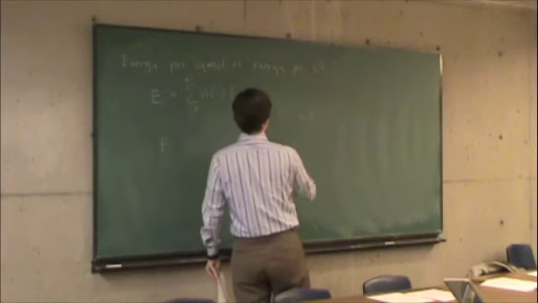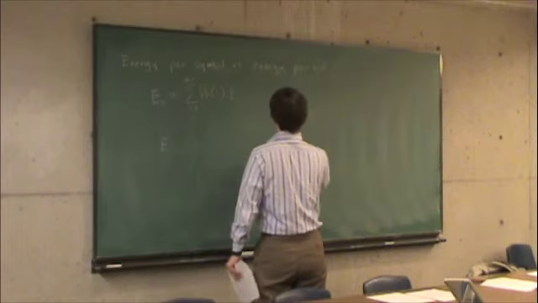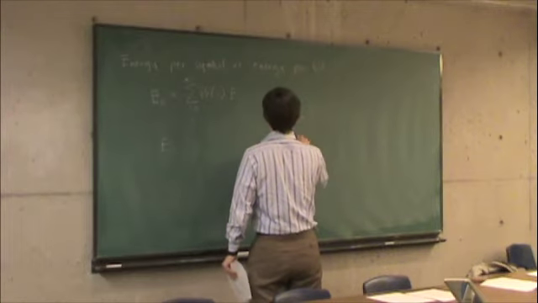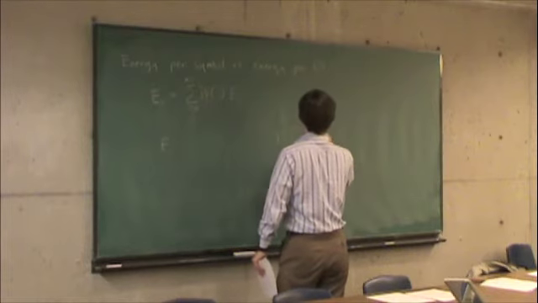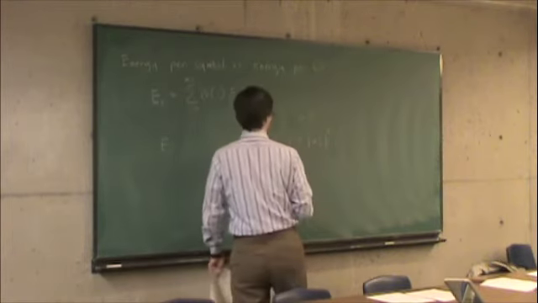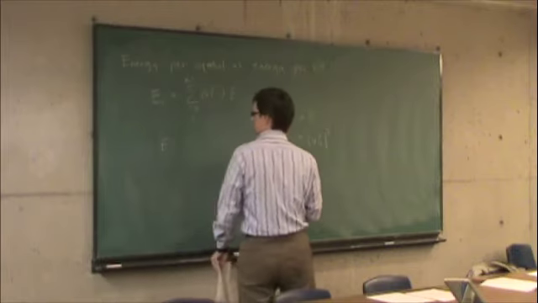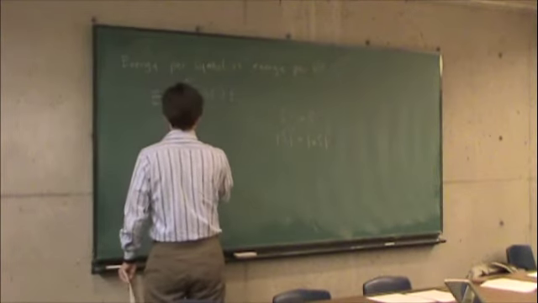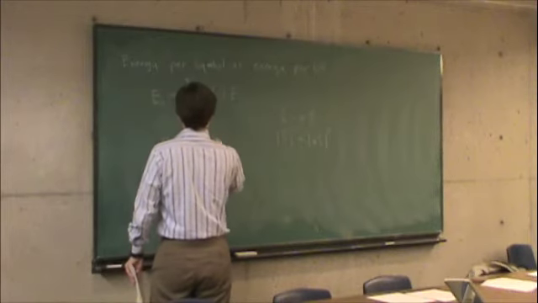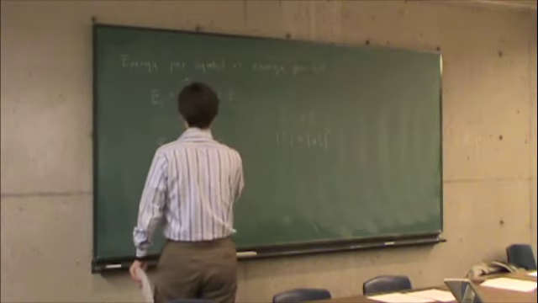So if I take every point here and square it, basically what I'm doing is I'm taking the norm squared. And then I multiply by TS. So the energy in the I-th symbol is equal to the norm of alpha I S, squared, times TS.